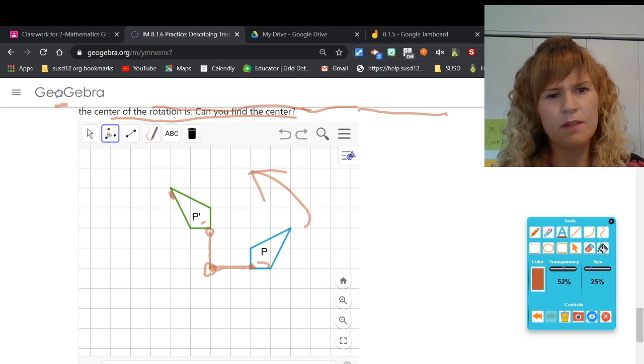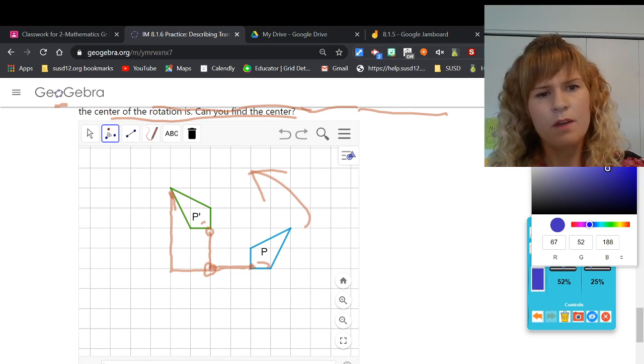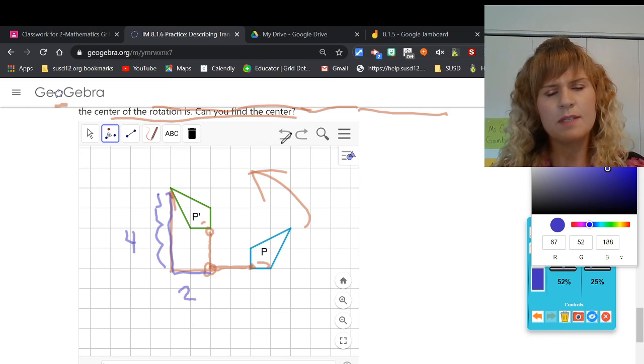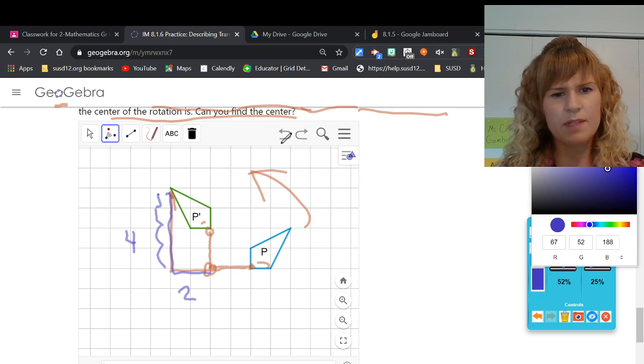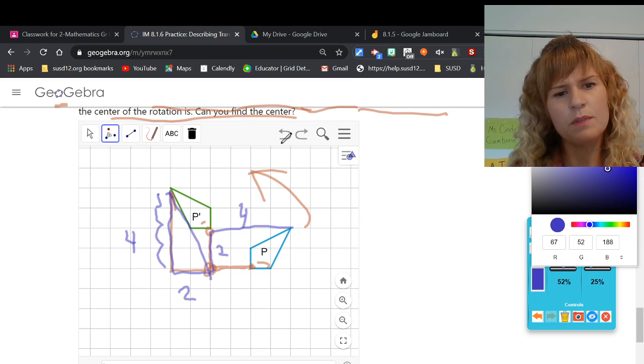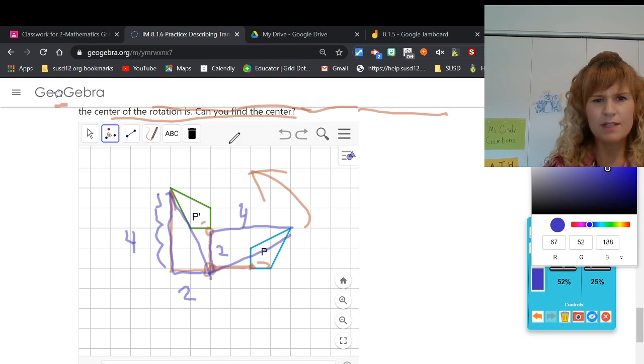Let me test it with another point. From here down, I better change my color. From here down, this goes 1, 2, 3, 4 spaces down, 2 spaces over. Let's see if that works the other direction. 2 and 4. 2 spaces, 4 spaces. That means this is an equal distance and this is an equal distance. I think I found it.